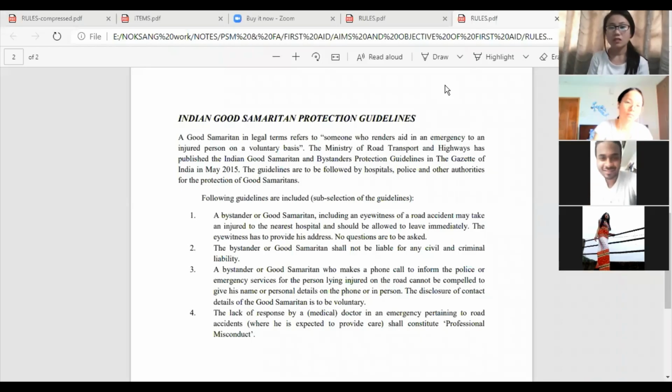Indian Good Samaritan, it is actually the protection guidelines. Okay, these are the guidelines that should be followed.